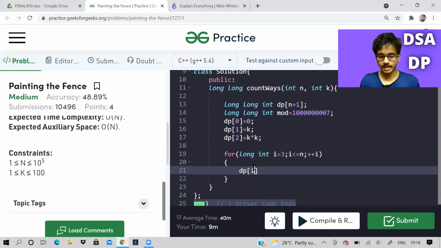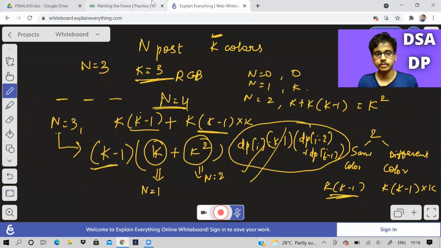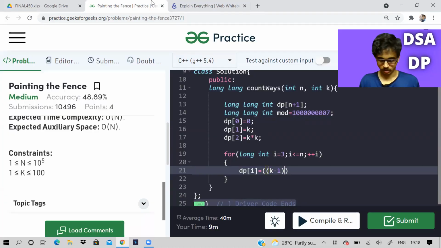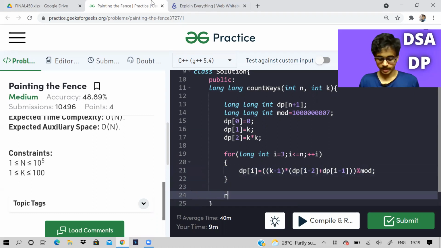So you can just say dp of i is equal to k minus 1, we derived the function, right? k minus 1 into dp of i minus 2 plus dp of i minus 1. And let us just take mod over here. Finally, we'll return dp of n.